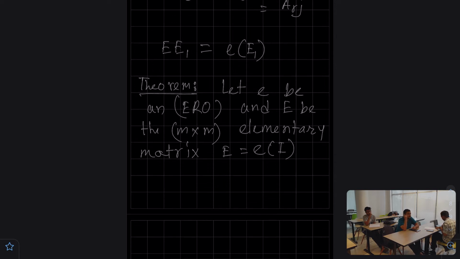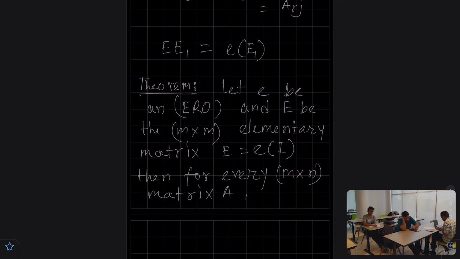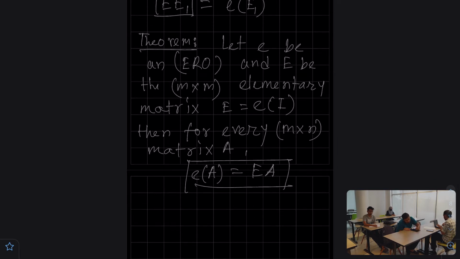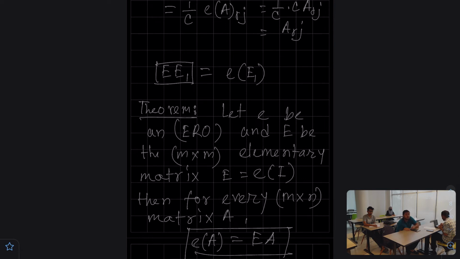Then for every m cross n matrix A, we know that E(A) is actually EA, right? We consider the identity matrix in this. Does it make sense? Okay. So I'm multiplying E with E1, and using this, I can write E1 equals to this one, right?